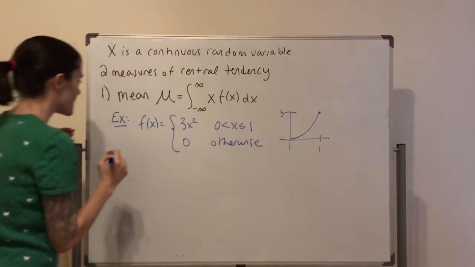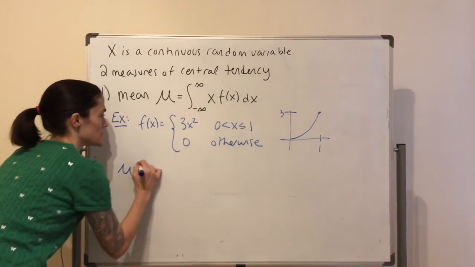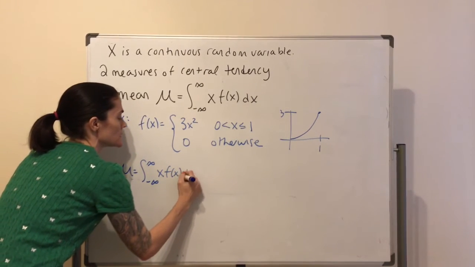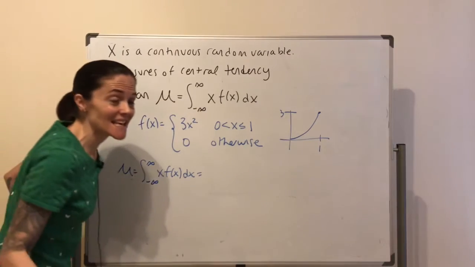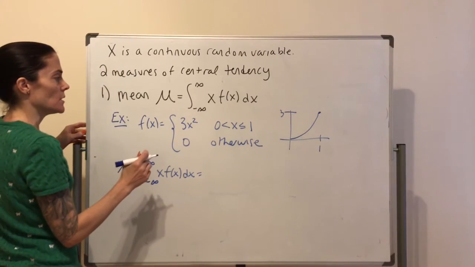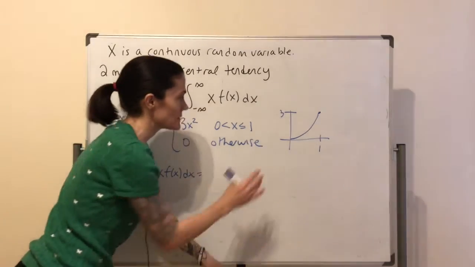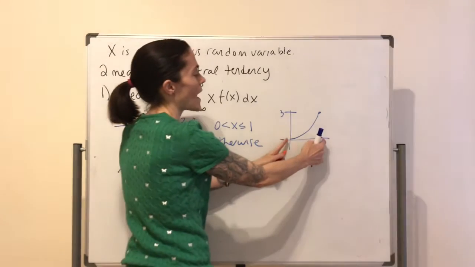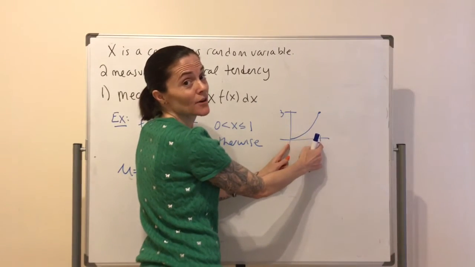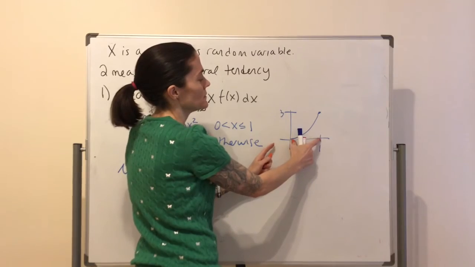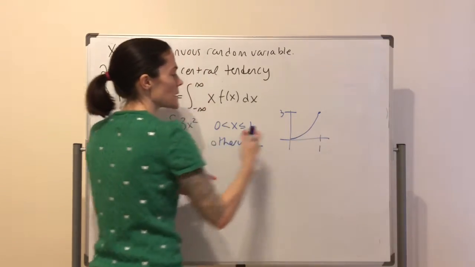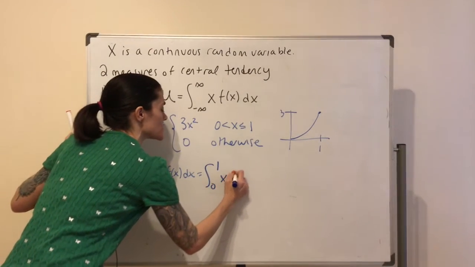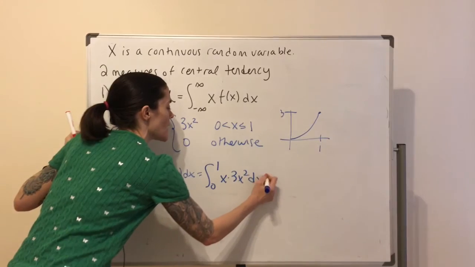So the mean here, mu, is the integral from minus infinity to infinity of x f(x) dx. But the nice thing here is my function, right? This is thinking about the graph of the density, and even if you thought about this as being a long wire, the density really only lives between here and here. So this integral is 0 everywhere except 0 to 1. So this is the integral from 0 to 1 of x times 3x squared dx.